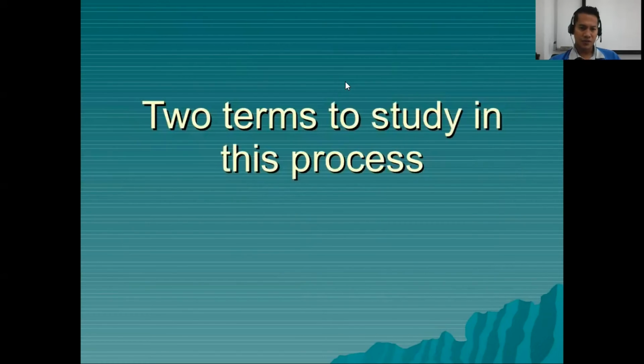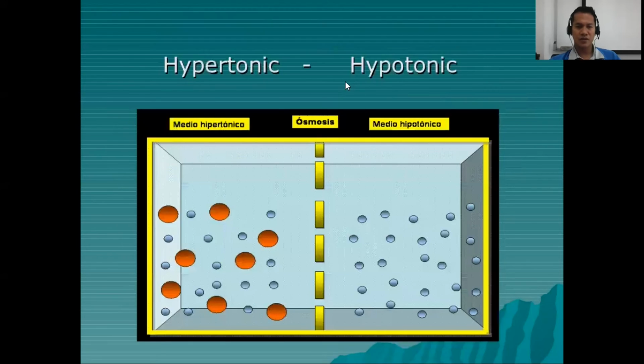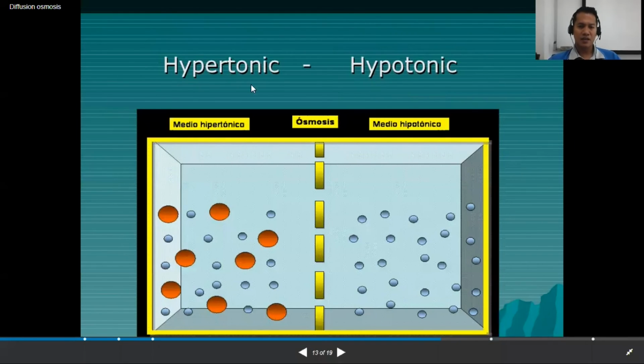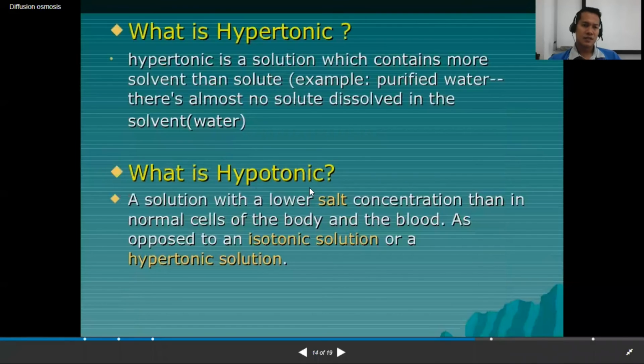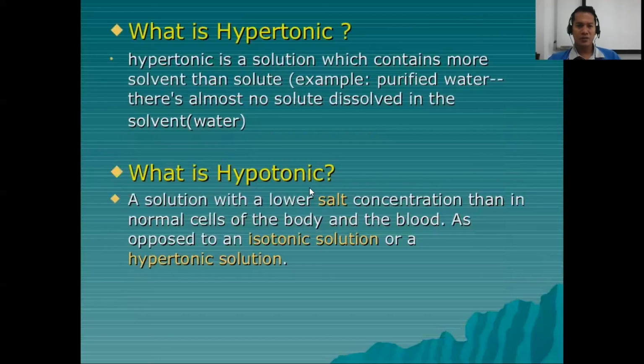So, two terms to study in this process. There are two words that you need to know. The first word is hypertonic, and the next one is hypotonic, and this one here is osmosis. Okay. So what is hypertonic? Hypertonic is a solution which contains more solvent than solid.